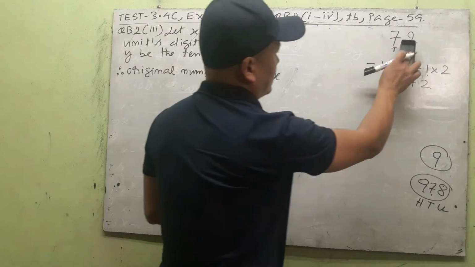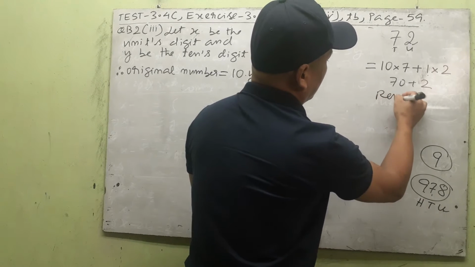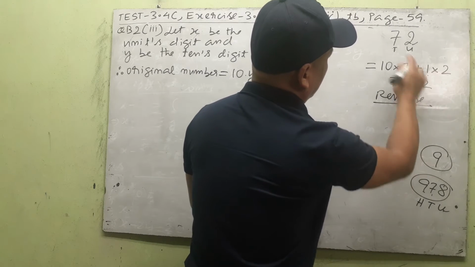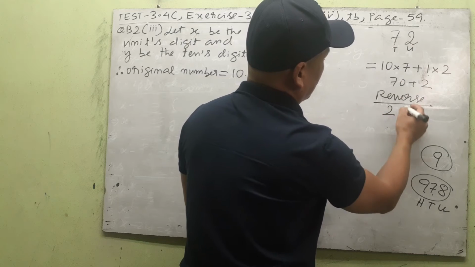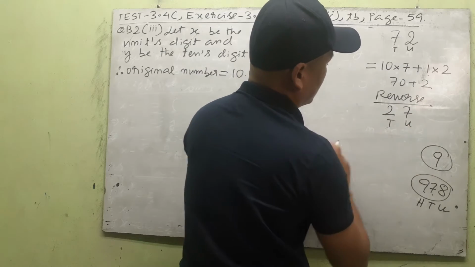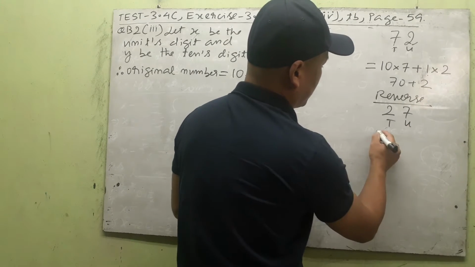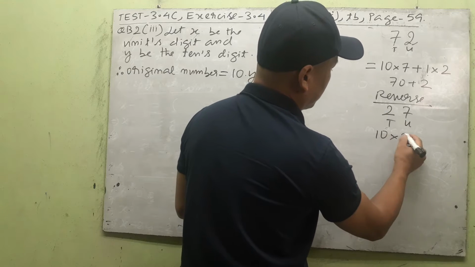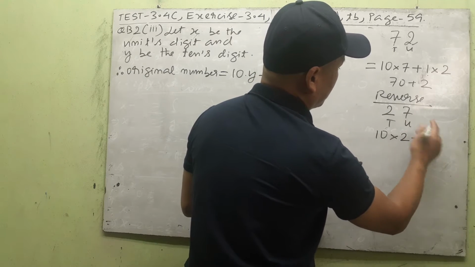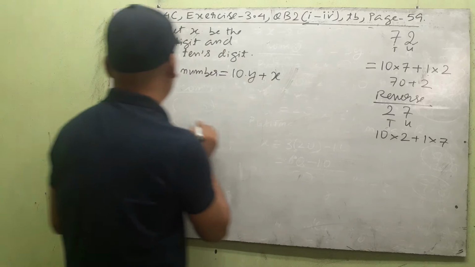And if this number is reversed, then 2 will come in front and 7 goes back. In that case, this is units and tens. So the reverse number will be 10 into the tens digit, which is now 2, plus 1 into the units digit, which is 7.